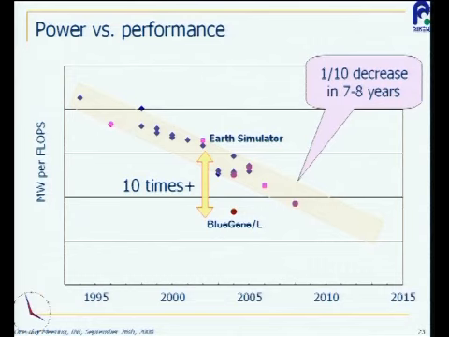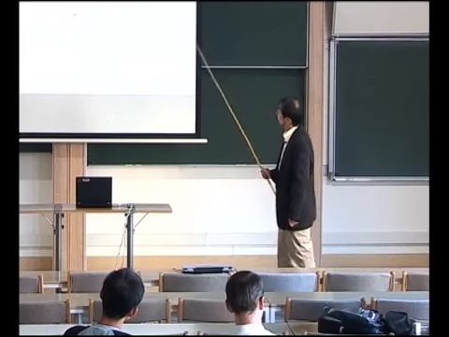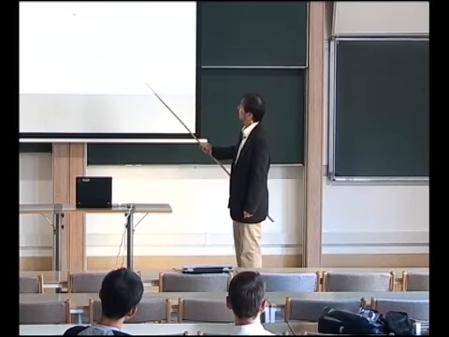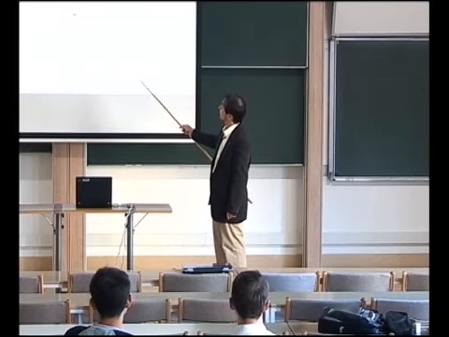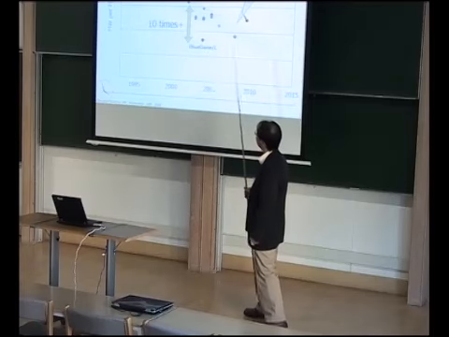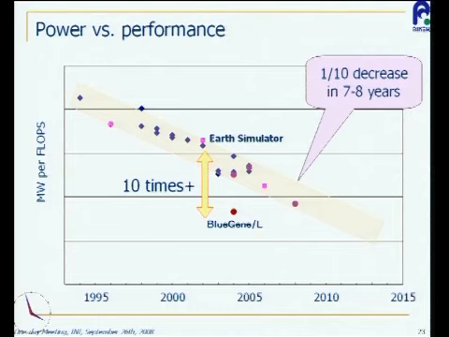This line is the normal decrease of the power per performance. It was almost a 1/10 decrease in 7 or 8 years. But the recent Blue Gene/L is here. The gap between the ultimate trend and Blue Gene/L is almost 10 times.